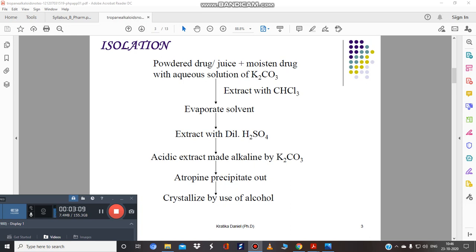Then you treat it again with H2SO4, an acidic substance, so salt will form, and you again make it alkaline using a base, potassium carbonate. Then the alkaloids are free again, or precipitate out. This is a simple procedure for the extraction of atropine, and then you crystallize using alcohol.